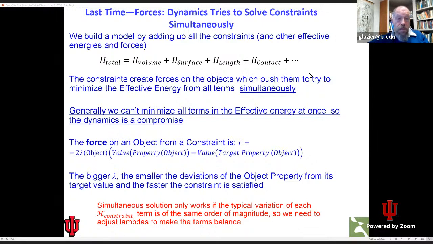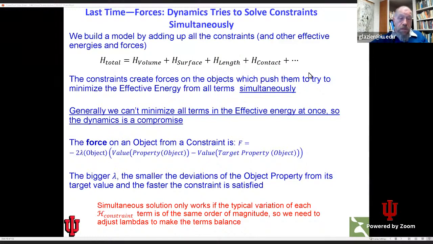If my target volume for my cell is 100 and my target surface area for the cell is 0, I can't have a cell that has a finite volume and a 0 surface area. And so what I'm going to have then are incompatible constraints, and the system will arrange to balance those two. It won't have the volume constraint perfectly satisfied. It won't have the surface area constraint perfectly satisfied. It'll have to come to some kind of accommodation.